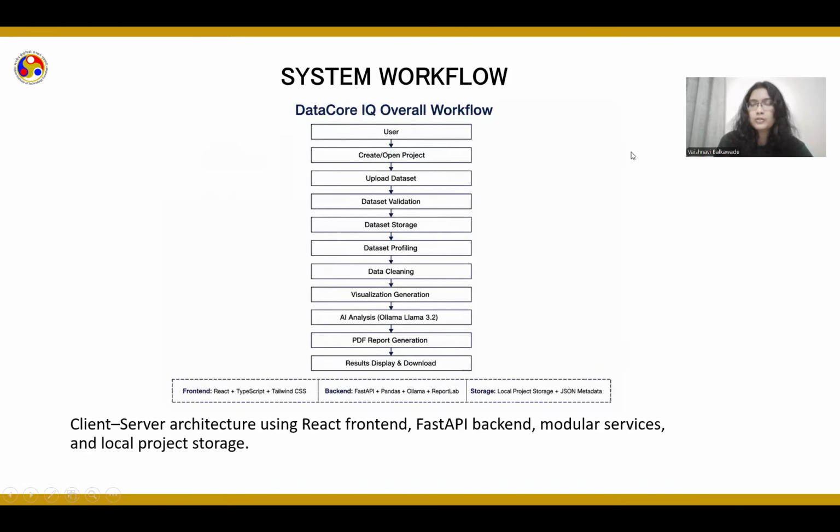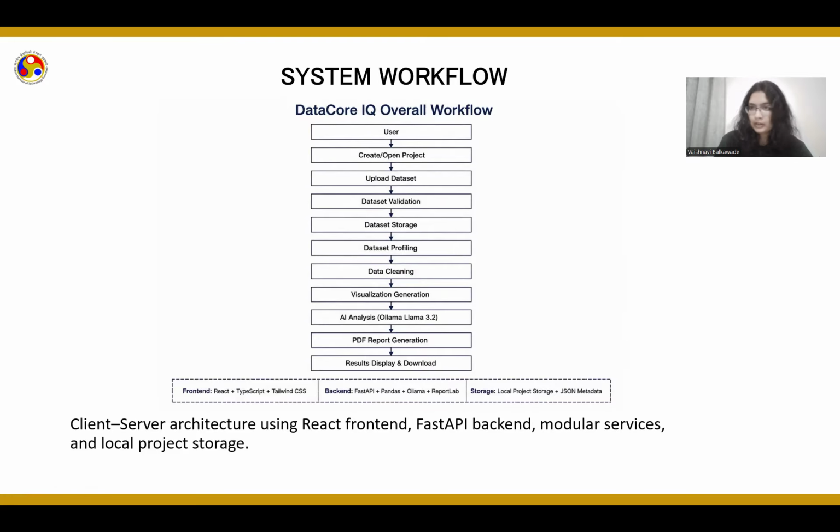Inside a project, a user can upload multiple data sets. So he uploads a data set. The data set goes through validation and is then stored. Dataset profiling is basically the dataset is analyzed by the system that we have developed and it shows different statistics of the given dataset. Then the user can perform data cleaning as per their own requirement and then visualize different aspects of this dataset.